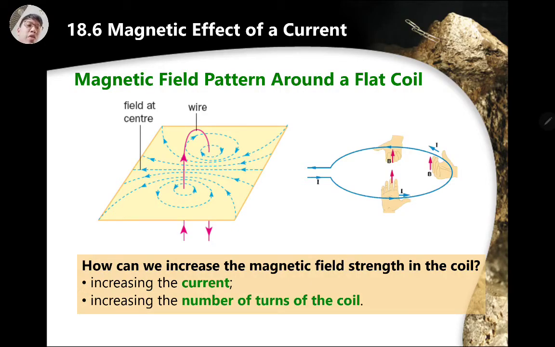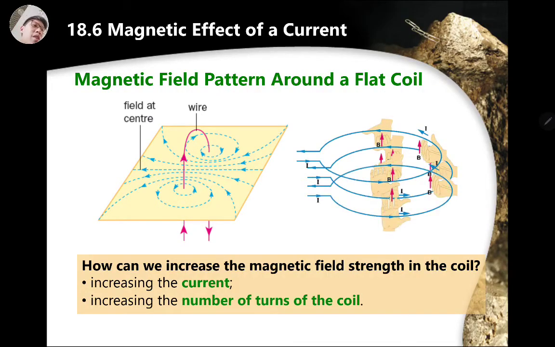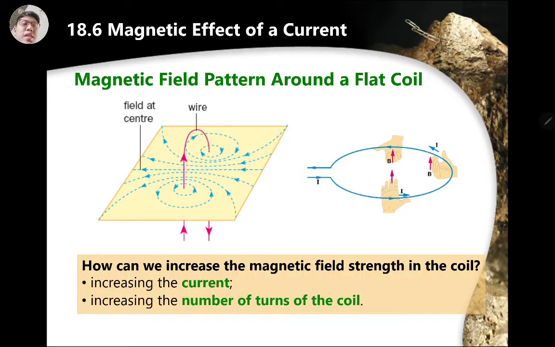Well, you can increase the number of turns of the coil. Basically, imagine this. I now put another coil there, and then another coil there, and then another coil there. What do you see happens? This one has the field of this coil. If I stack another coil on it, there's suddenly the field of this coil. So I stack another one, there's the field of the second coil that is going to add to the same effect.